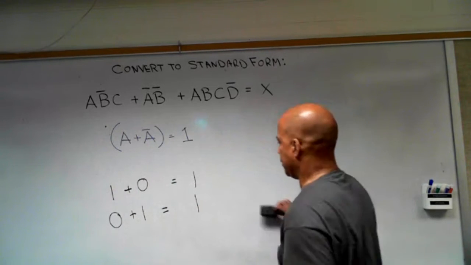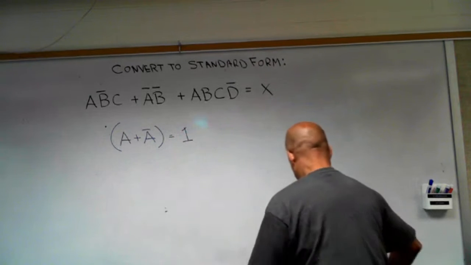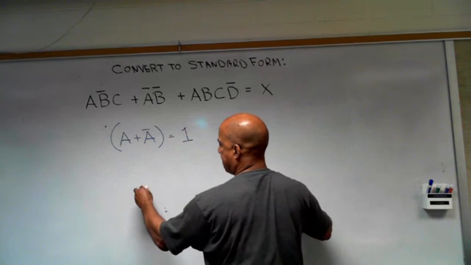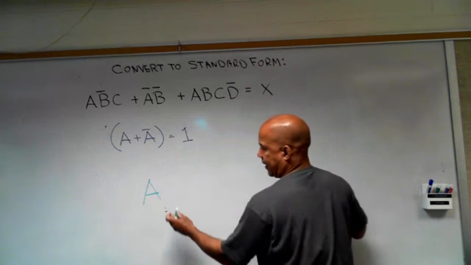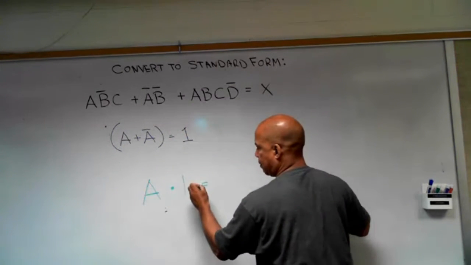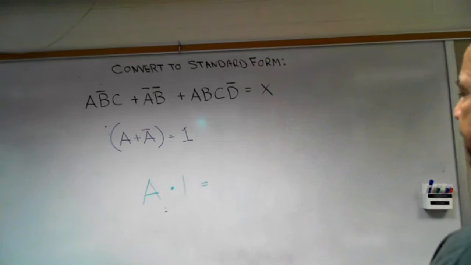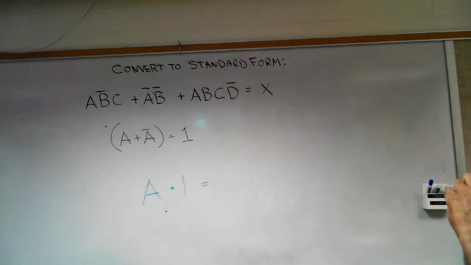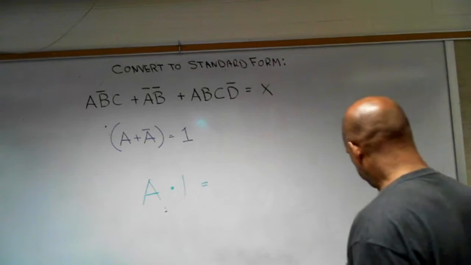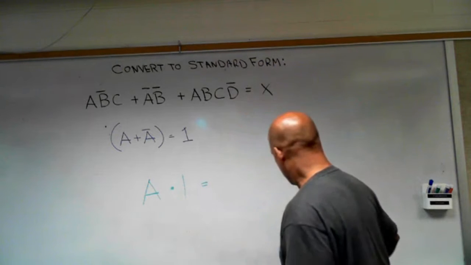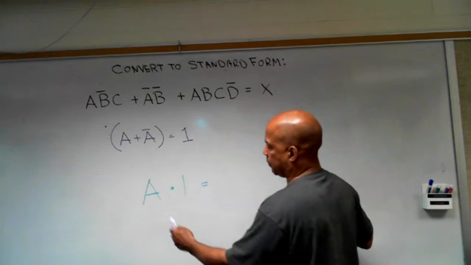The other rule that we make use of is the one that says if you take a variable and you AND it with 1, what do I get over here on the right side of the equal sign? If I AND a variable with 1, it depends on what A is.